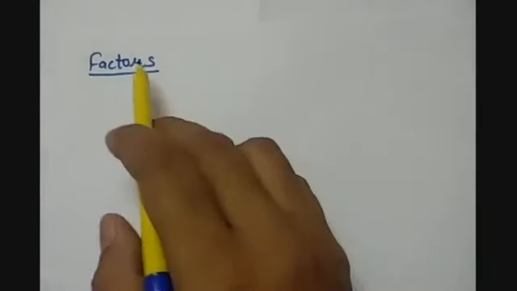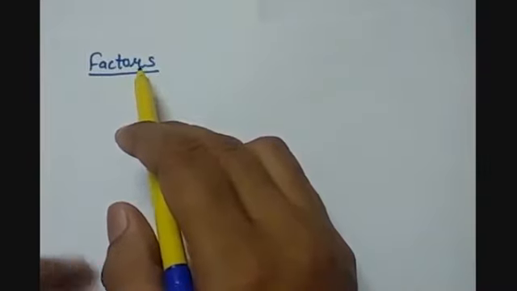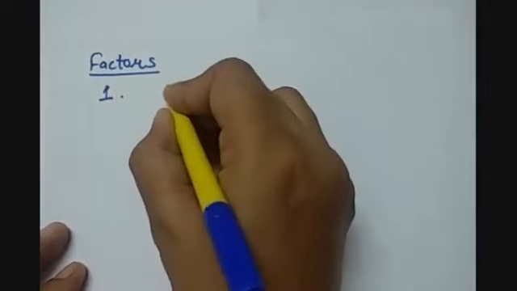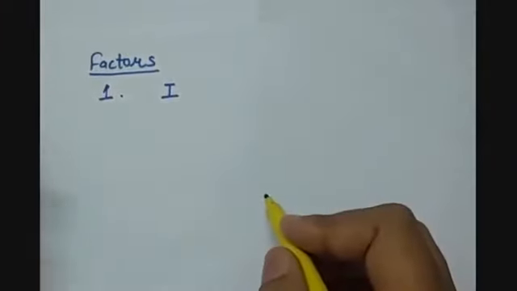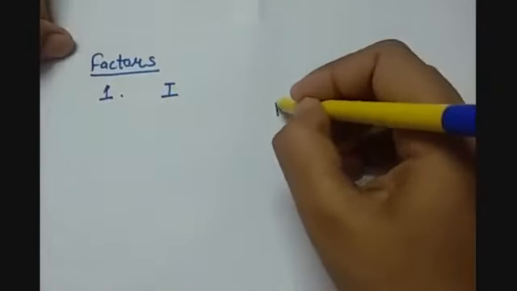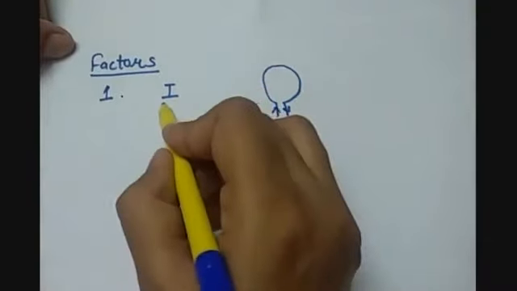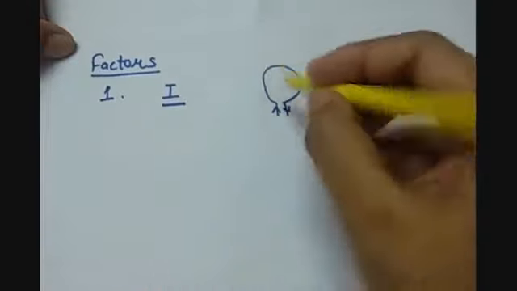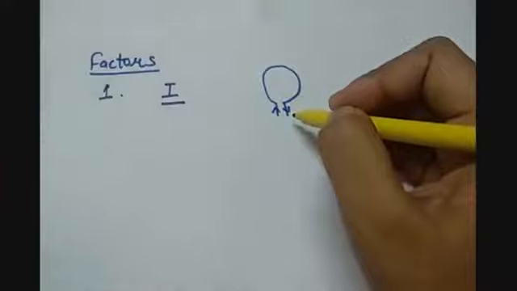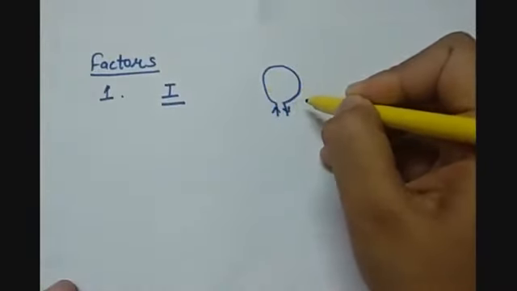Now let us study the factors on which the magnetic field of a circular loop will depend. The first factor is that when we increase the current in the circuit, because the magnetic field in a circular loop is produced because of the flow of current, the magnetic field strength will increase, and that will be represented as more concentric circles around the circular loop.